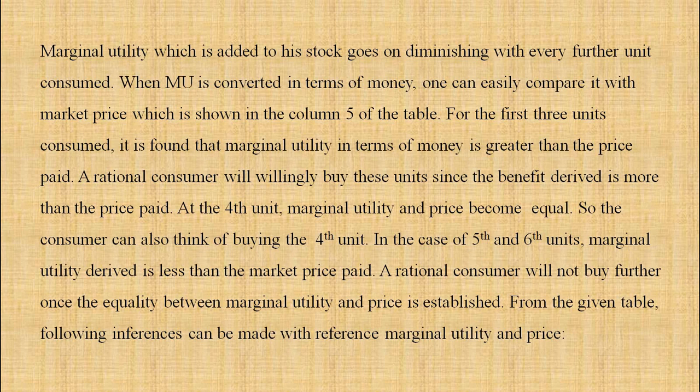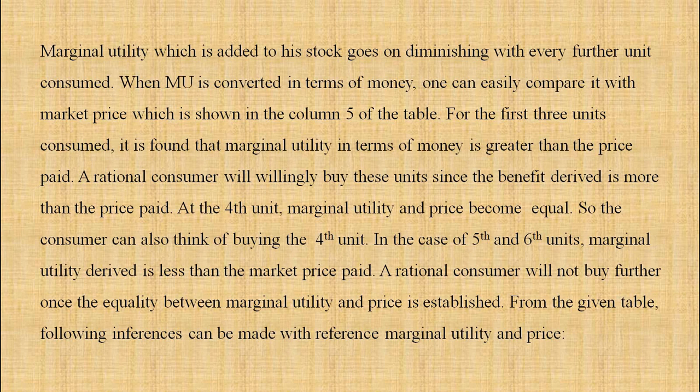For the first 3 units consumed, marginal utility in terms of money is greater than the price the consumer pays. A rational consumer will willingly buy these units since the benefit derived is more than the price the person pays. At the fourth unit, marginal utility and price become equal.